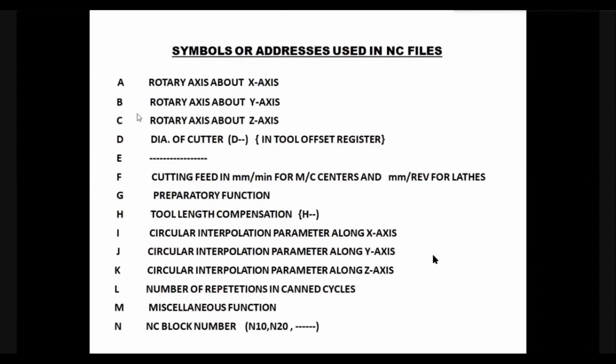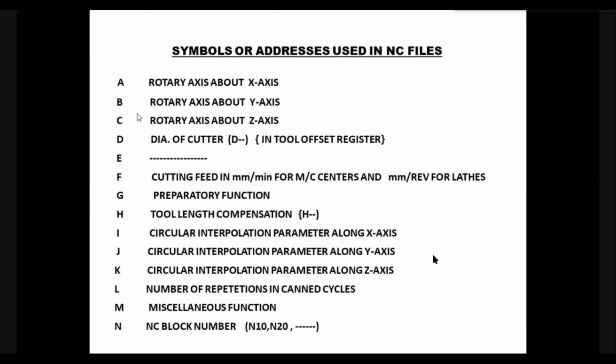So the next one is D, diameter of the tool. Previously we have seen in the tool offset register, the geometry and the diameter of the tool entered in the offset register number D. That means for tool 33, the length of the tool is represented by H33 and the diameter of the tool is represented by D33.